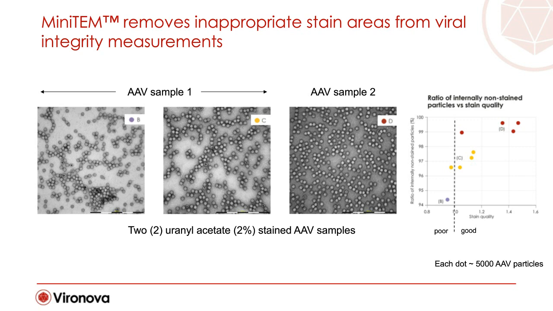You blot most of it off with the filter paper. You wash it, again with 3 microliters of water or buffer on the grid, and blot it off with the filter paper. You end up with 3 microliters of stain for a couple of seconds or a minute, and then blot off again with the filter paper and let it dry. That's the procedure.